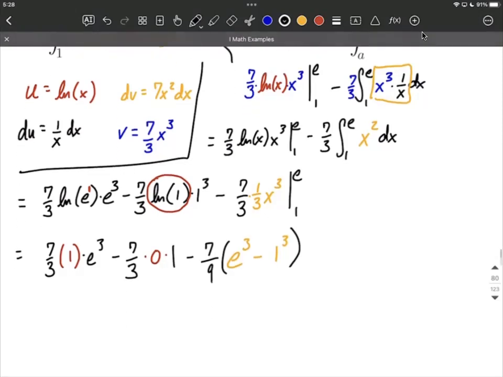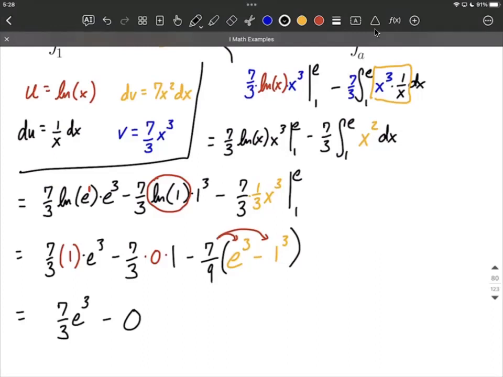And see if we can simplify this down any further. We're almost done, but we can simplify a little bit. This first part, I'm going to leave it as 7/3 e to the third power, kind of get rid of that 1. I'm going to kind of ignore this part. It's minus 0 or plus 0, doesn't really matter. But let's think about distributing this negative 7/9. So we're going to put a copy with each one of those terms on the inside of our parentheses to clear out our parentheses.